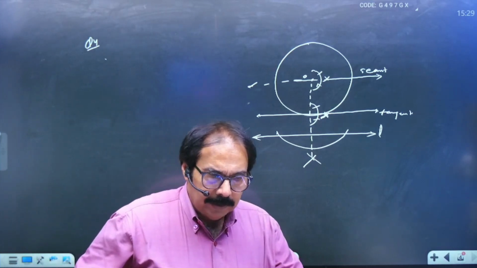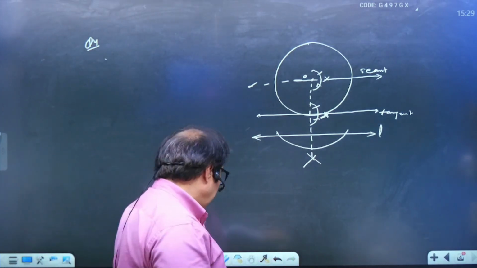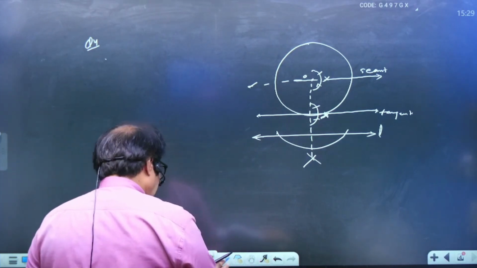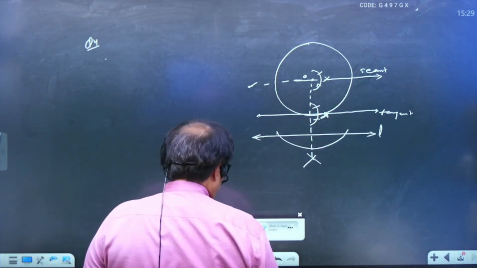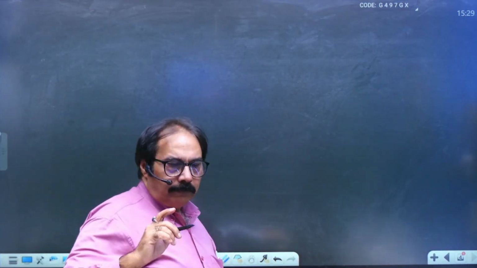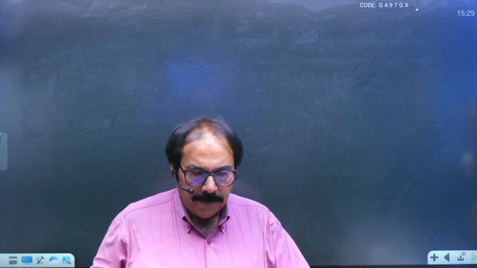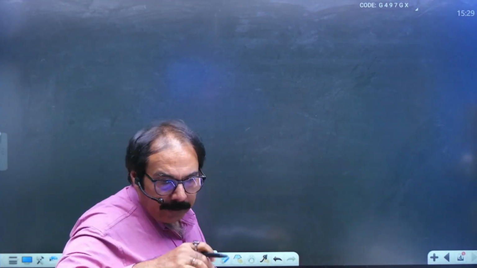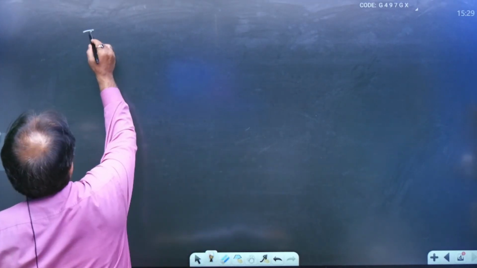So this is all about your exercise 10.1. Now I am coming to the next very important theorem, very important from the board point of view. The statement is: the length of tangents drawn from an external point to a circle are equal.